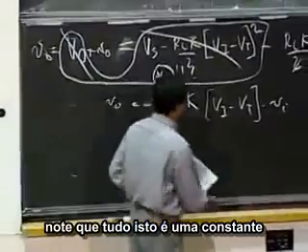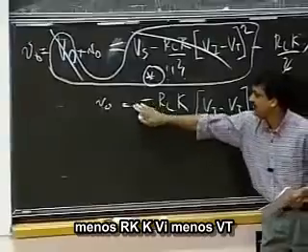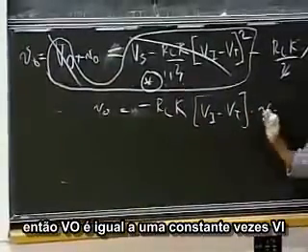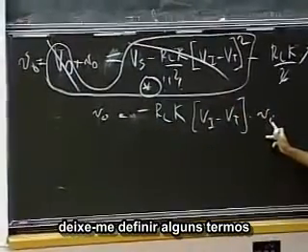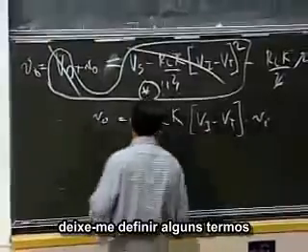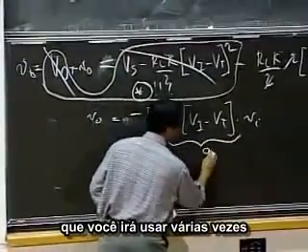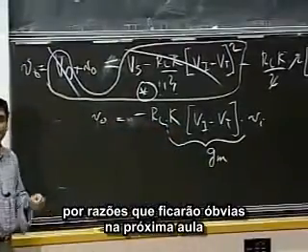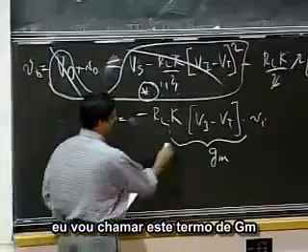Notice that this whole thing, minus RL K (Vi minus Vt), is a constant. And so vo is equal to some constant times vi. Let me define some terms that we'll use again and again, for reasons that will be obvious next lecture.